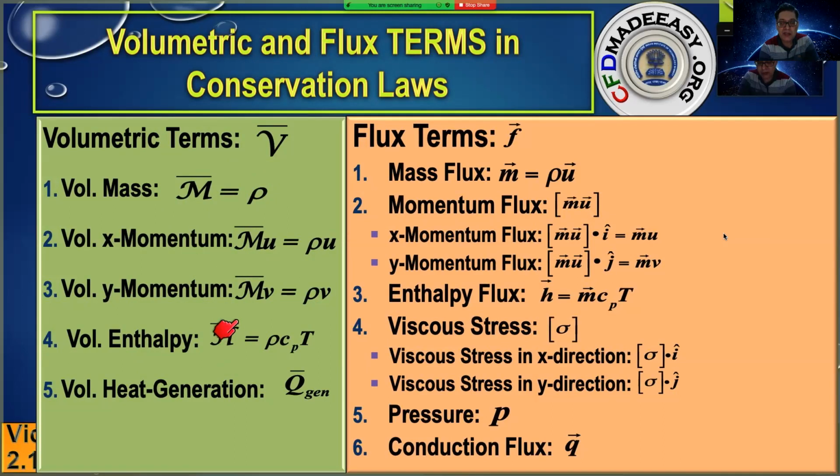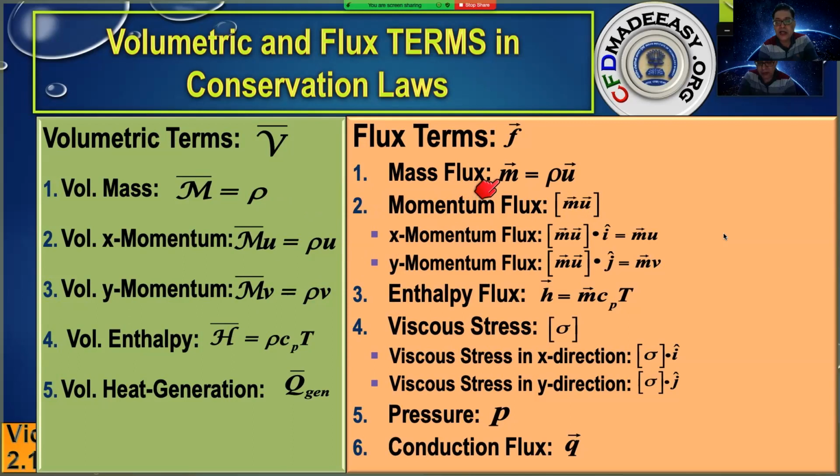Now in the previous slide, I was showing you capital M. When I use a small m, I mean it's per unit area. So here the overbar represents per unit volume. For the flux term, I am representing the per unit area term, so I am changing the symbol to the small letter.